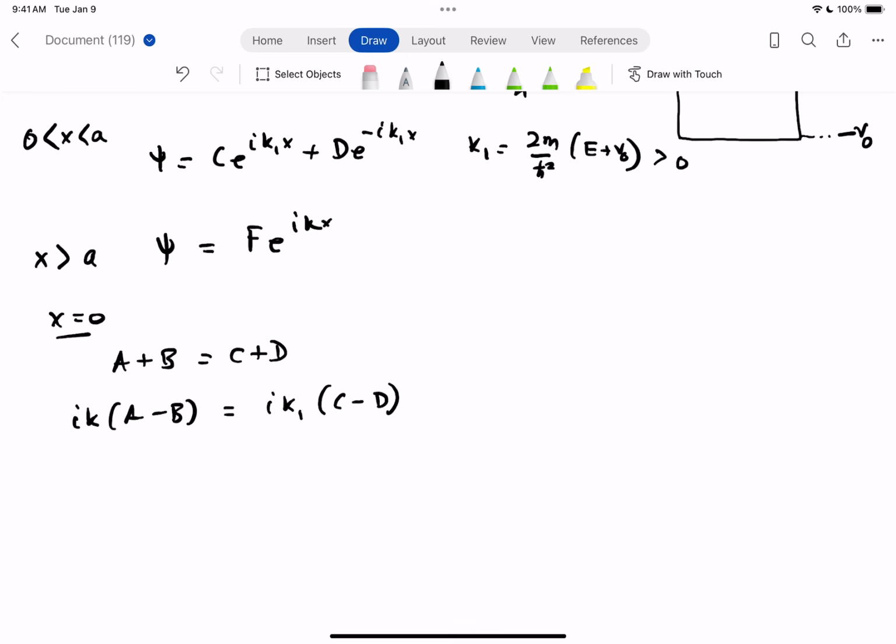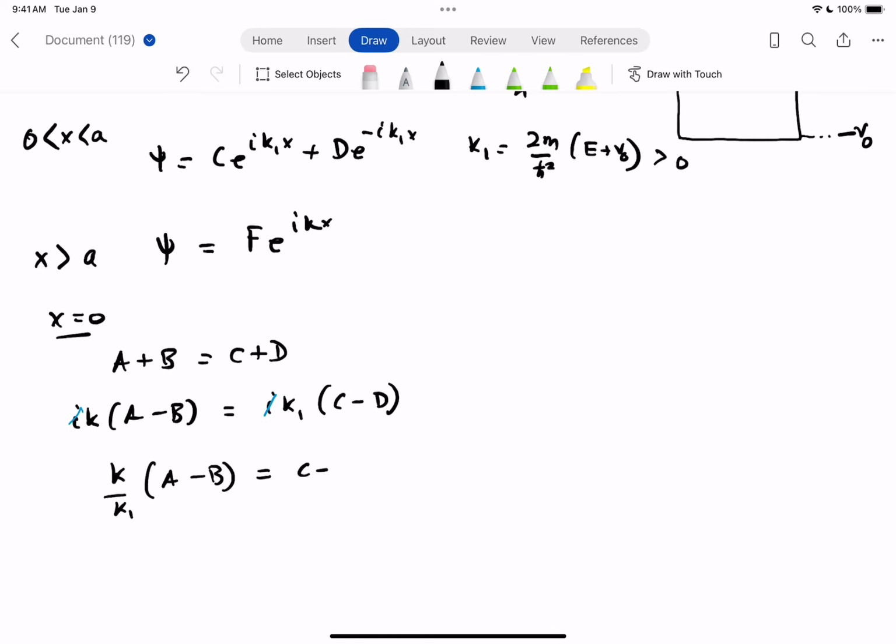Then this second equation I can write as (k/k1)(A - B) = C - D. Actually the i just cancels out, so we can get rid of it. Don't need to keep an i here.